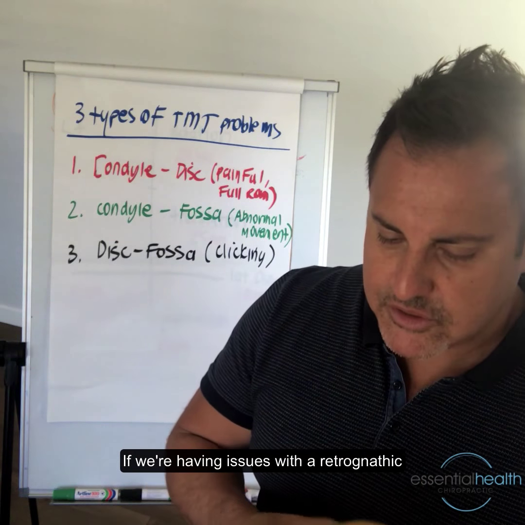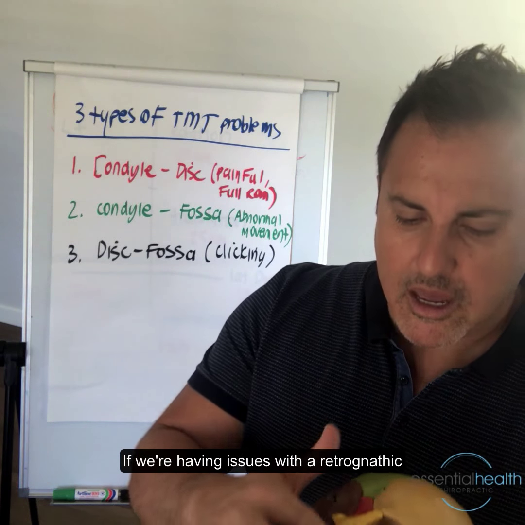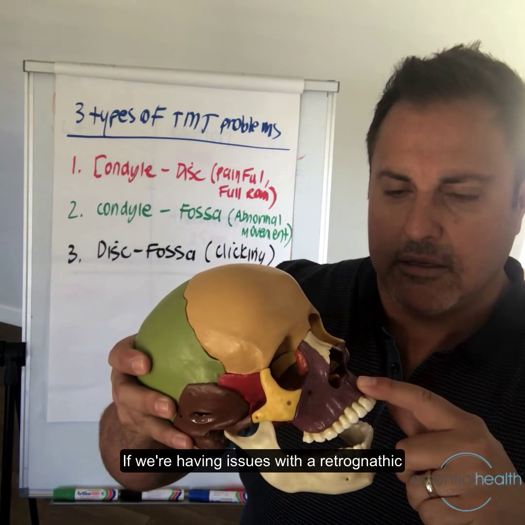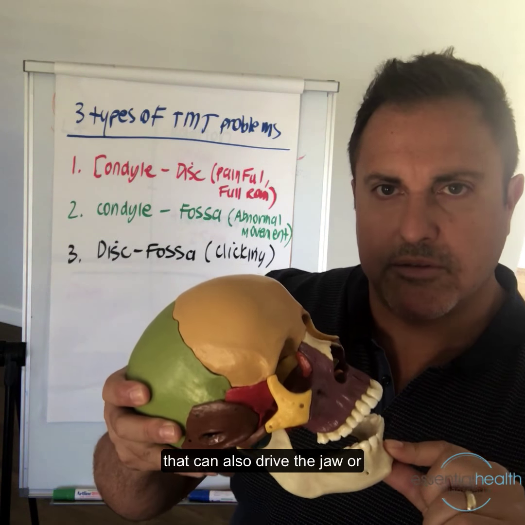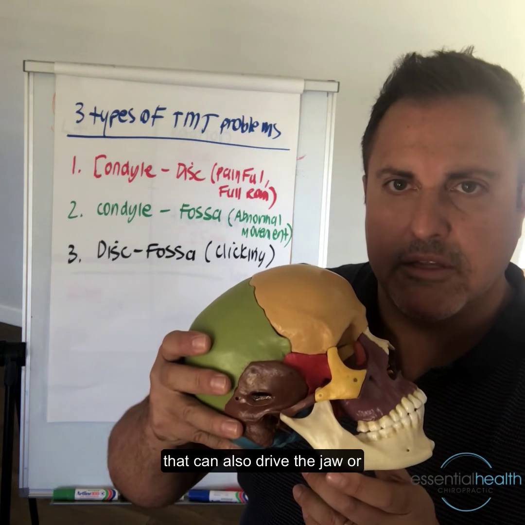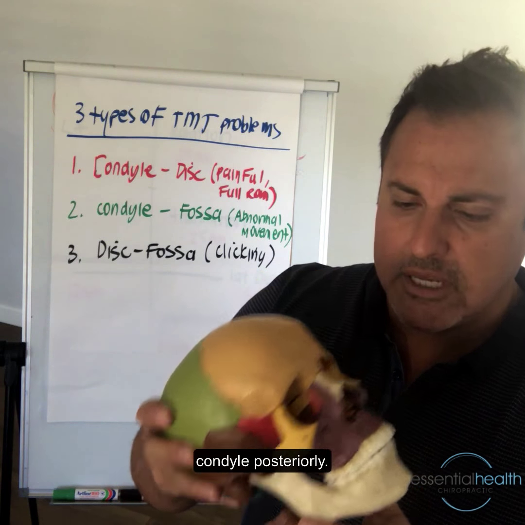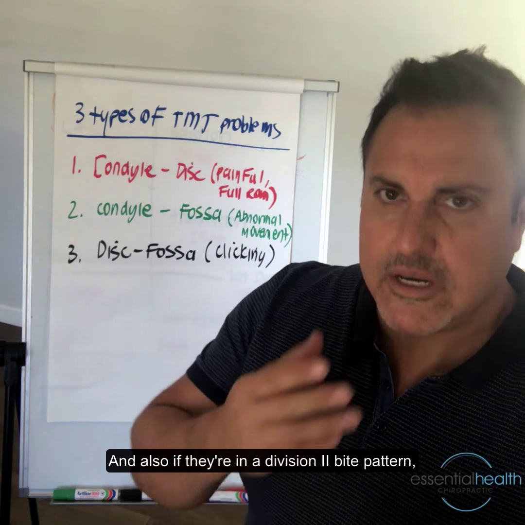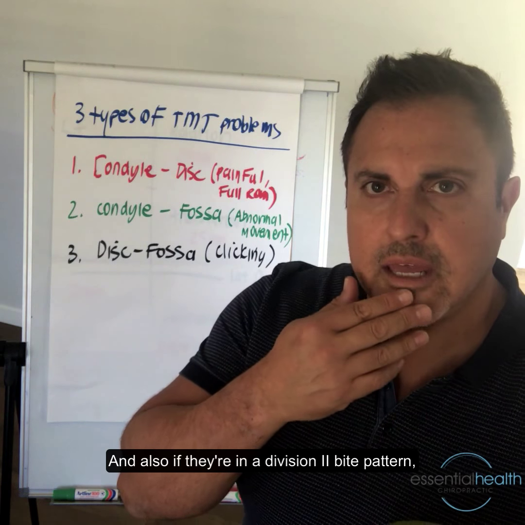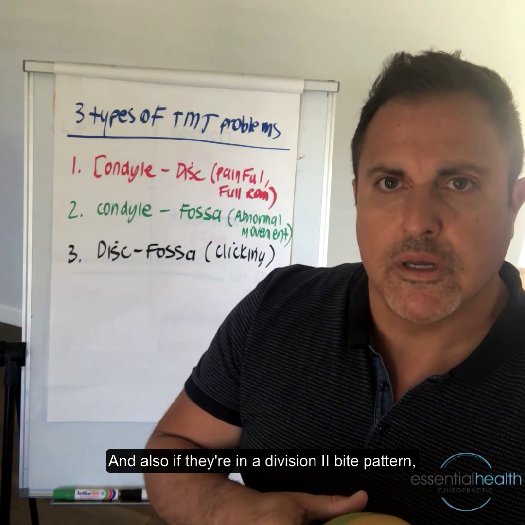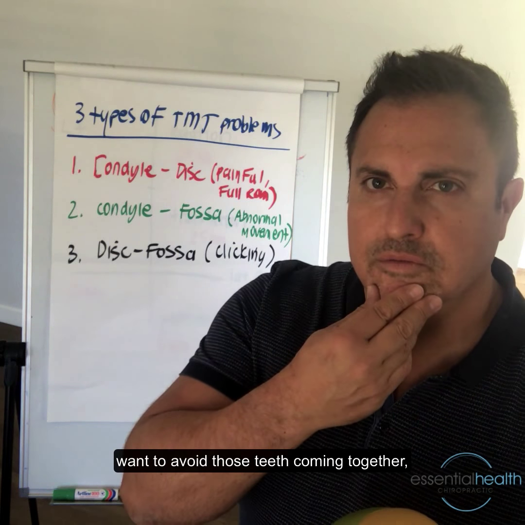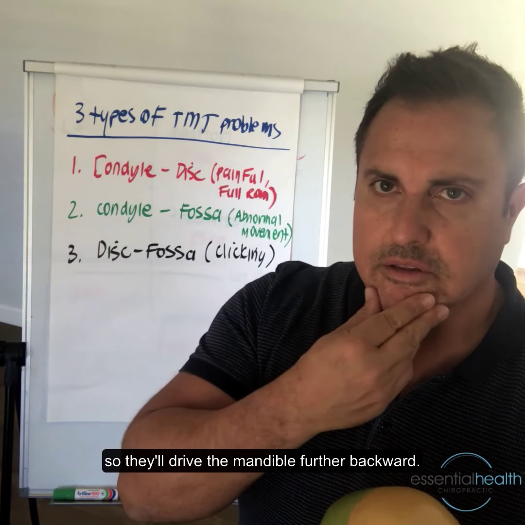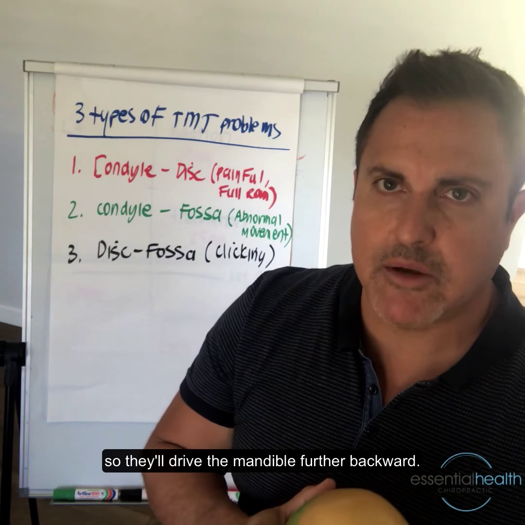If we're having issues with a retrognathic maxilla or a prognathic mandible, that can also drive the condyle posteriorly. And if they're in a division 2 bite pattern, they'll want to avoid those teeth coming together, so they'll drive their mandible further backward.